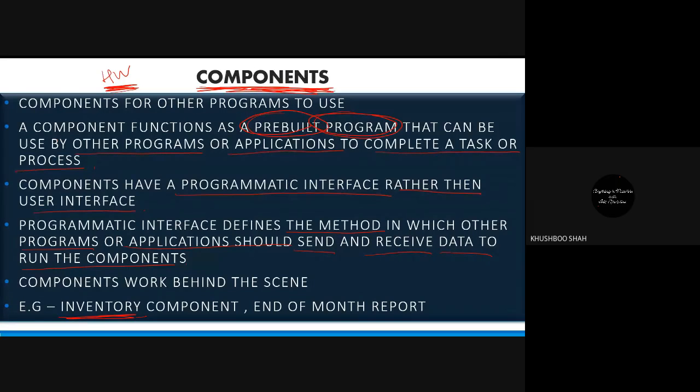So a component functions as a pre-built program that can be used by other programs. So my Google Meet is a component, but now I have Gmail, so I need to incorporate both. But Gmail is an individual application. So what is Google Meet? Google Meet is a component. So Google Meet is there in Gmail as well, and also you'll find this Google Meet in Google Calendar.